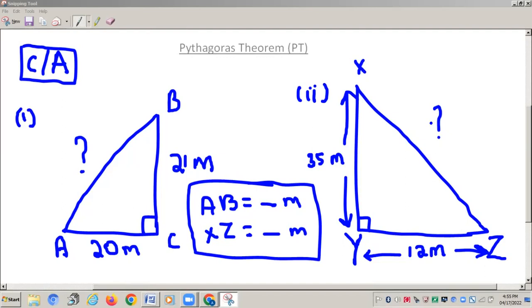I'm seeing 3 posts. Keep it coming. You might need a calculator to do this, because the square root of 25 was kind of simple. The square root of 25 is just 5.